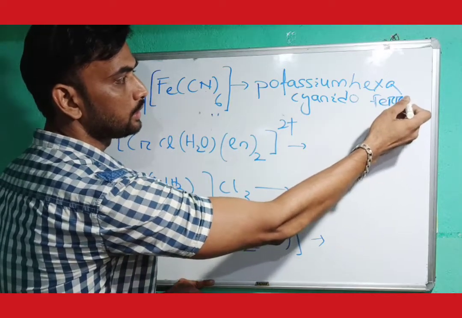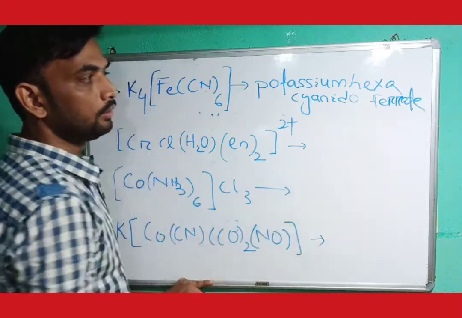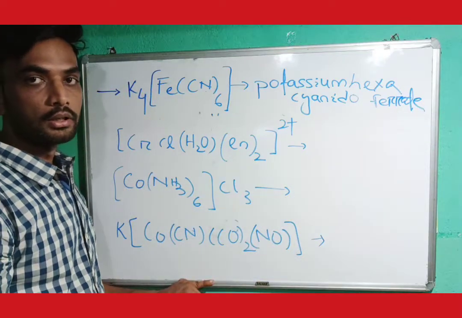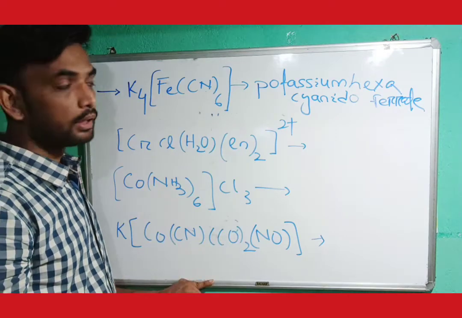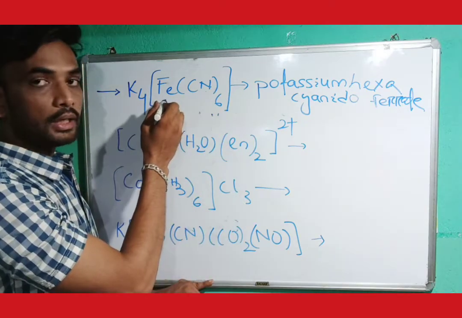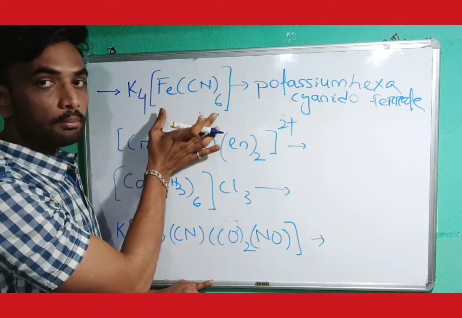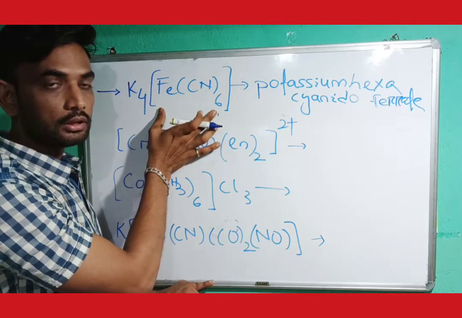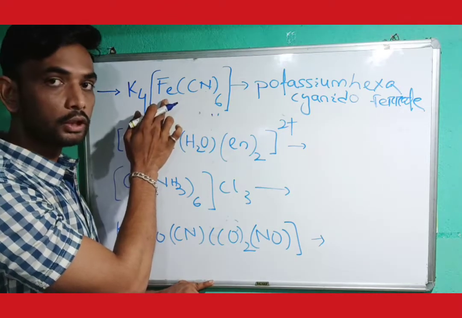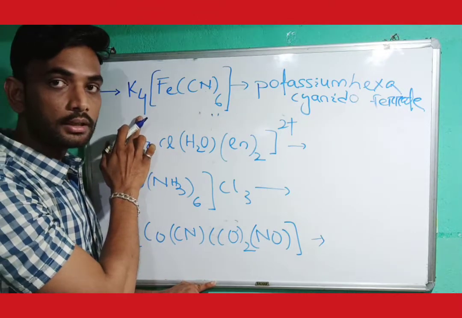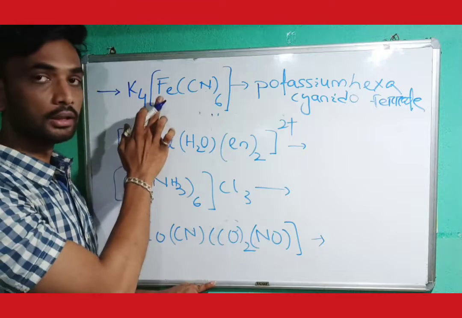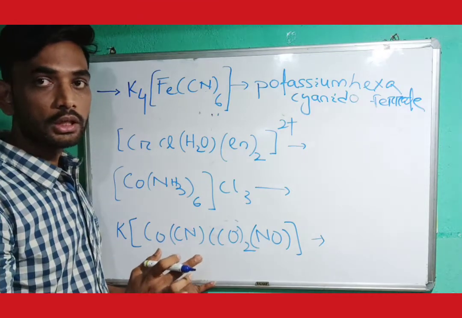Then there is some space. Then you write the iron, which is called ferrate, because the ending ATE is used when the metal atom is present in the complex anionic part. As I already told, if the metal atom is present in the complex cationic part, then the name remains the same.